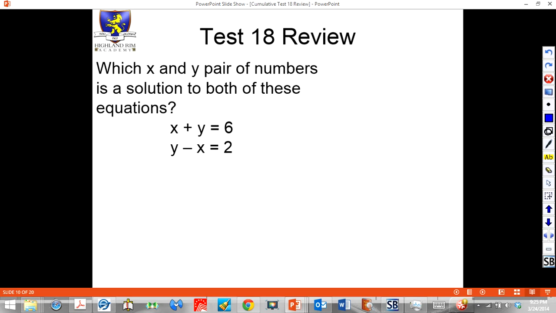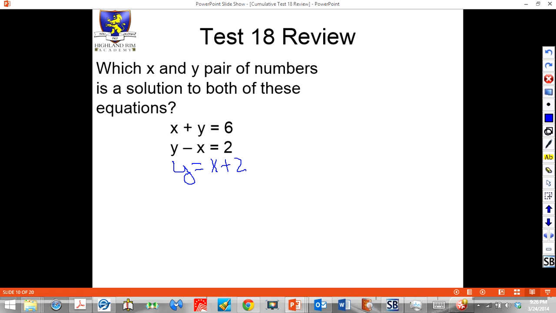Okay. What we're going to do is set y equal to x plus 2 from our second equation. So we replace that into our first equation.